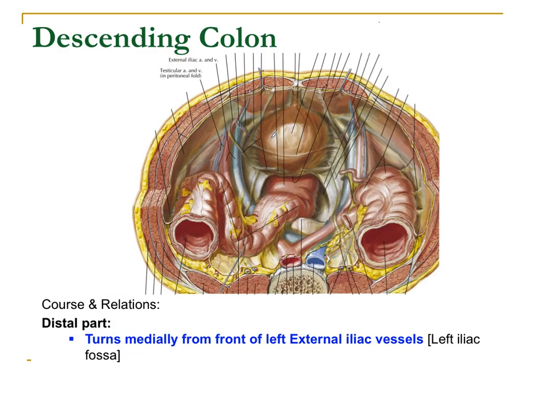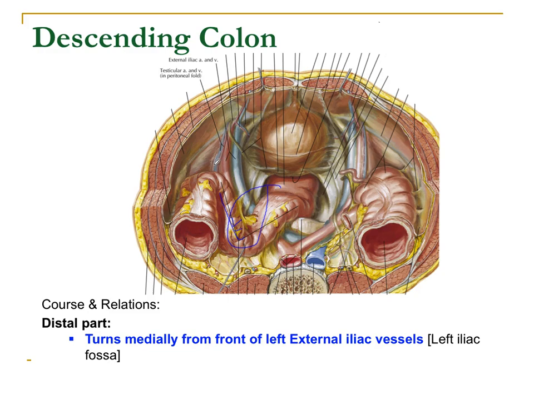Now, if you see the course and relation of the descending colon in the distal, lower part, it turns first medially, in front of the external iliac vessels.